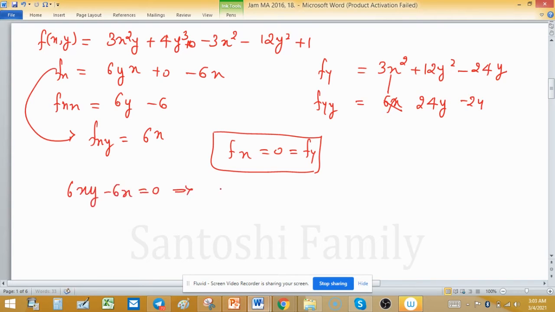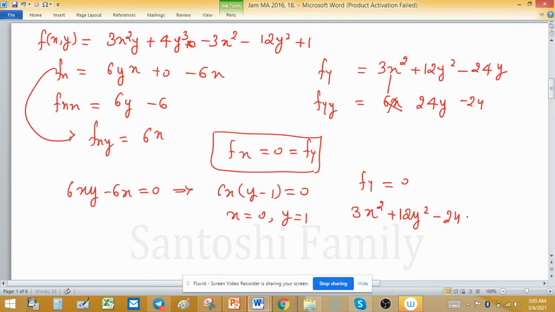This implies 6x is common, y minus 1 is 0. This implies x is 0 or y is 1. Now fy is 0. This implies 3x square plus 12 y square minus 24 y is 0.